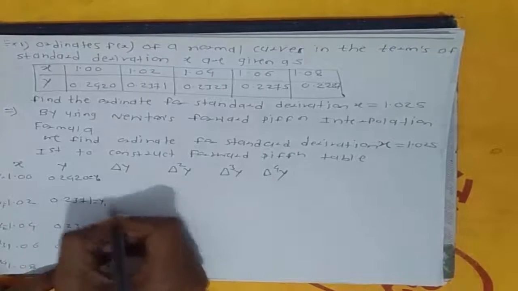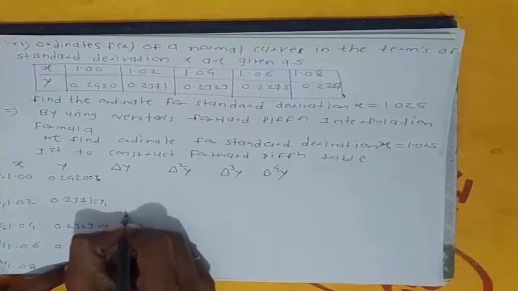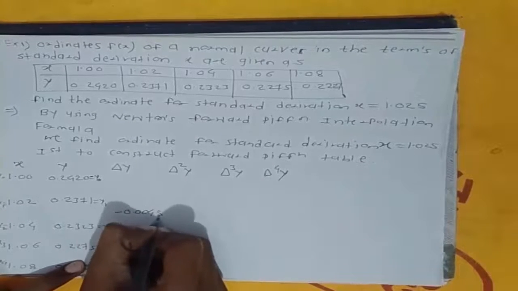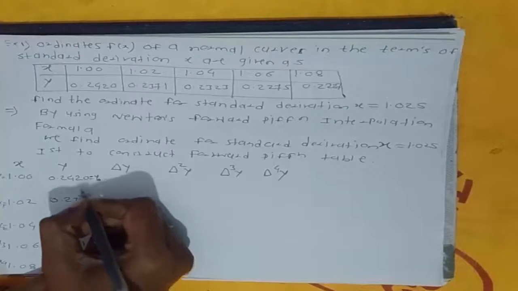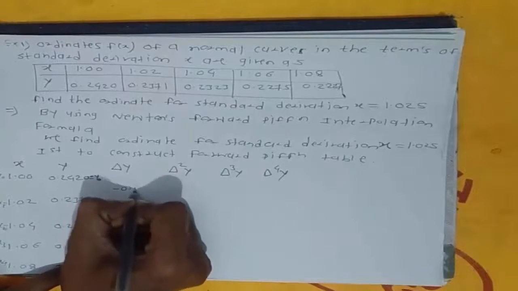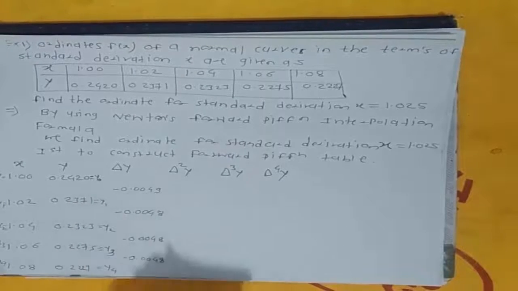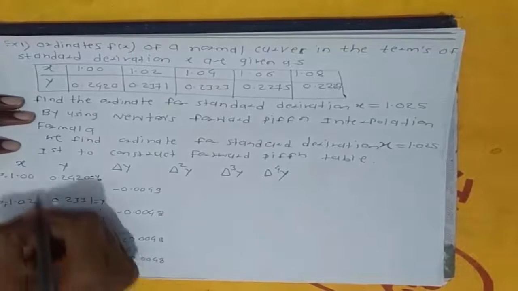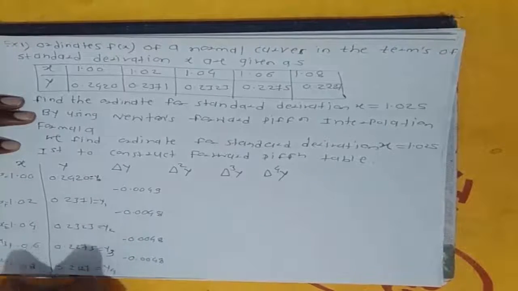Again we take this minus this, we get here minus 0.0048. And again this minus this, that is y1 minus y0, we get minus 0.0049. Okay, so these are the first order forward differences.